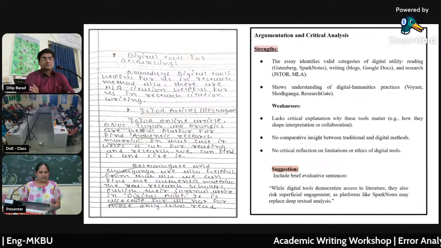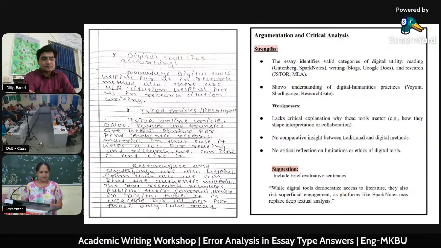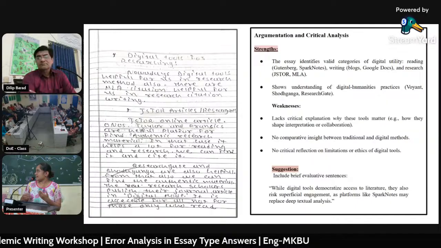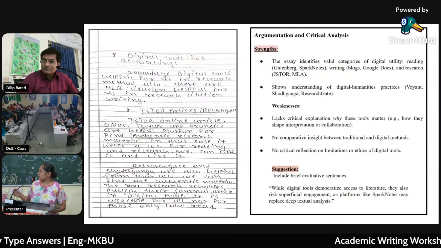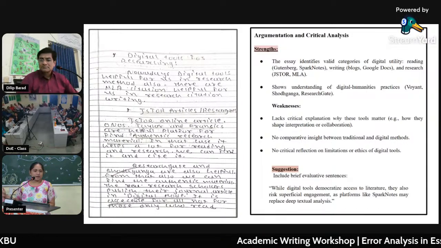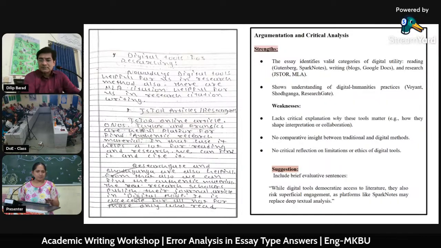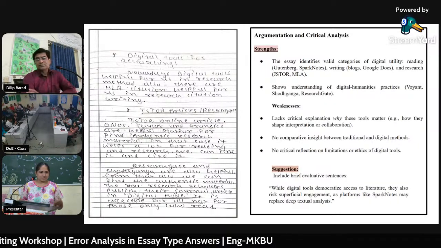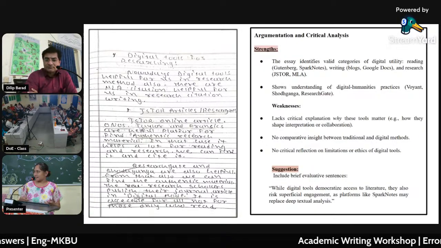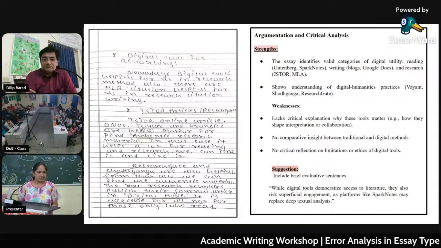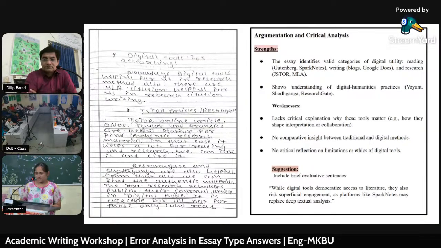So there is no clear-cut comparative analysis of traditional ways and digital ways. It is a lack in the answers, and it also gives a suggestion, because mostly students summarize from SparkNotes or summaries. Sometimes articles are also important, because references to some articles are needed in our answer rather than mostly summary. Next.